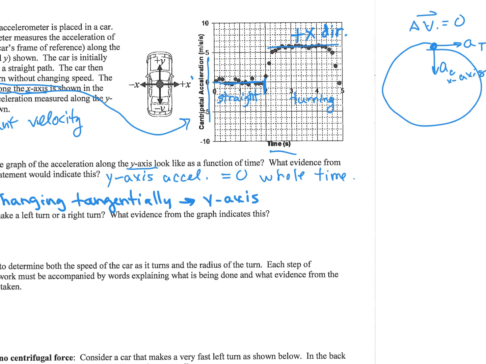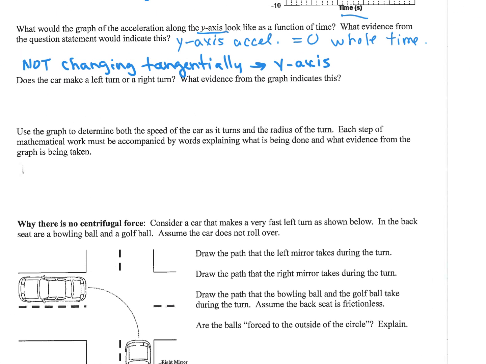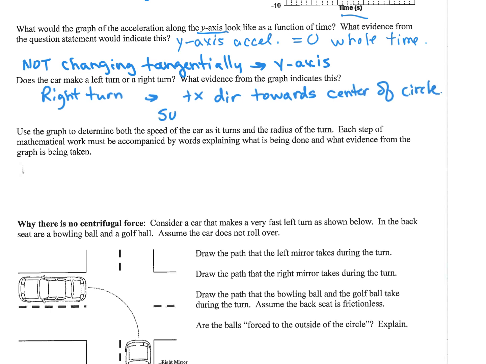And you see right here, positive x direction means it must be turning that way, which is to the right. So it's turning to the right. Positive x direction is towards the center of the circle. So a sub c points that direction.